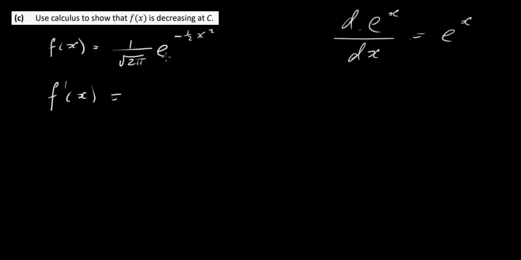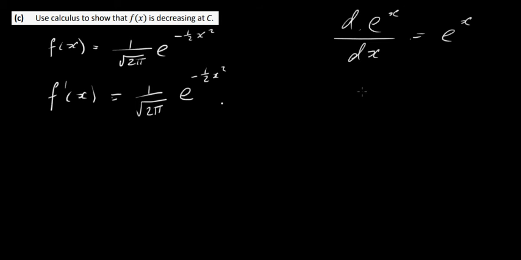So that's what we've got here. We've got an e to the power of, well, actually some function of x. So we're going to have to use the chain rule here. It's not e to the power of x, it's e to the power of some function of x. So when we differentiate it, we get 1 over square root 2 pi e to the power of minus a half x squared anyway. Now we've also got to differentiate this function of x up here.